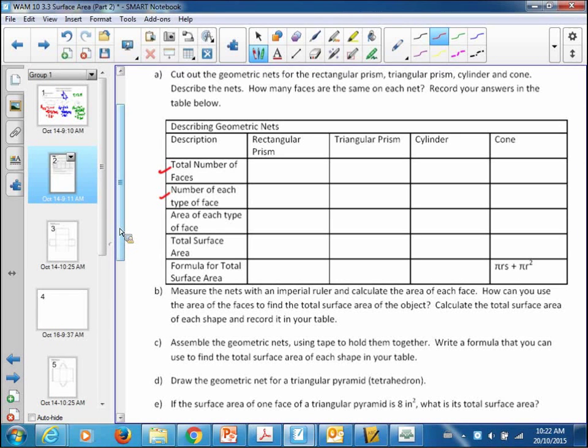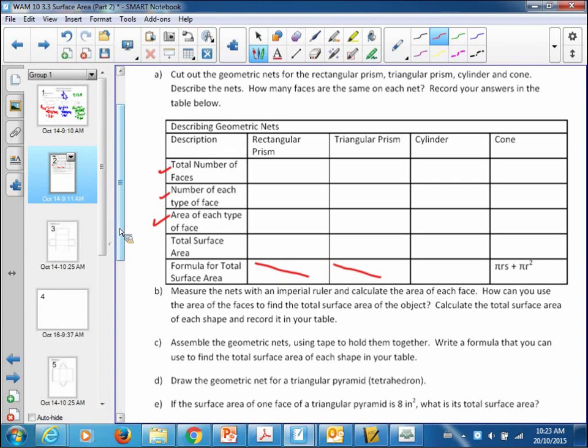And say the area formulas for each of the different types of shapes, and the formula for total surface area. There's really not enough space to work in here, but these two don't work out well for a formula for just every case.